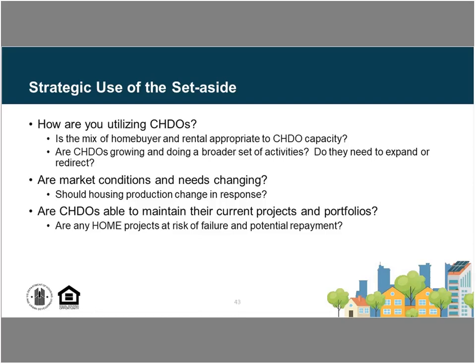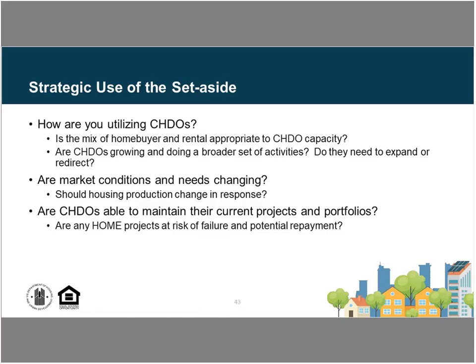So part of that monitoring is looking at that current portfolio, those current projects that are within their affordability period or are in some stage of development, and determining whether that's working well, whether we have some patterns of risk of failure or potential repayment, and that becomes part of our decision-making process on how we want to move forward.